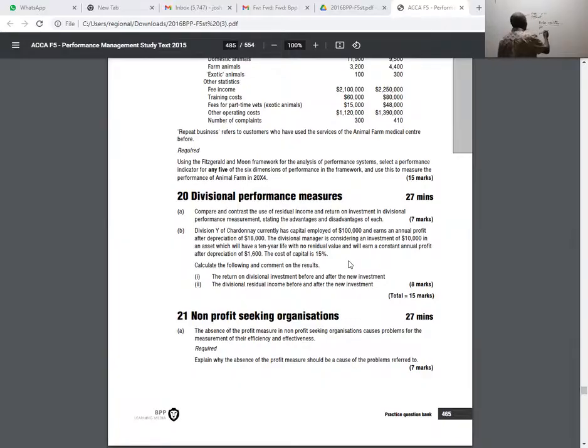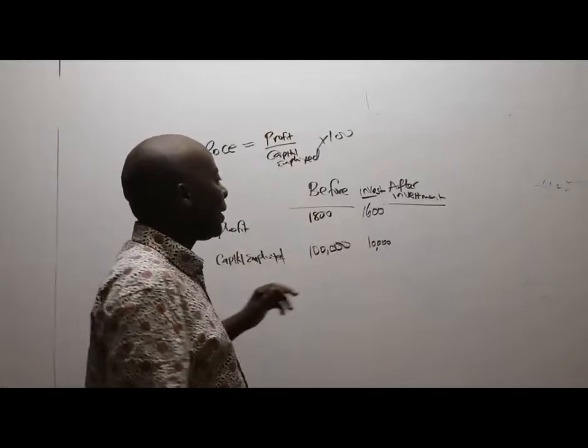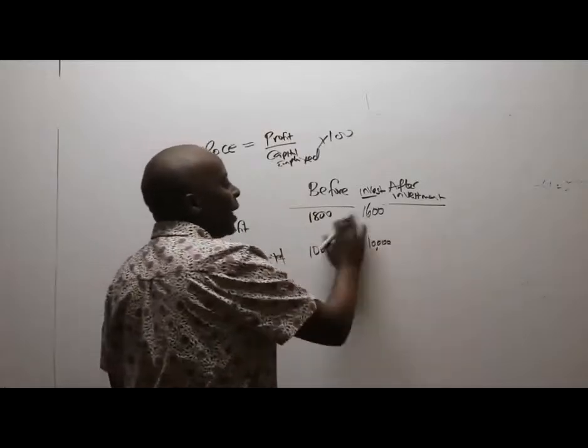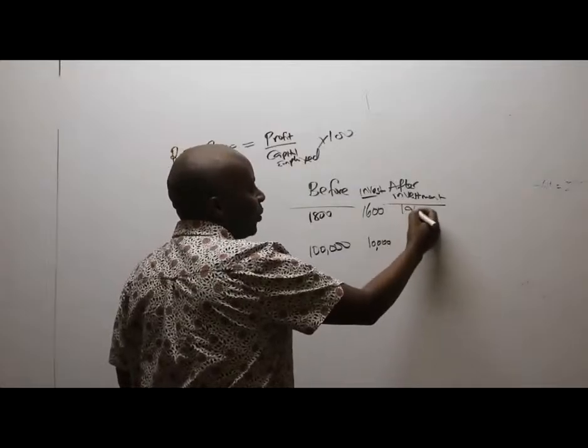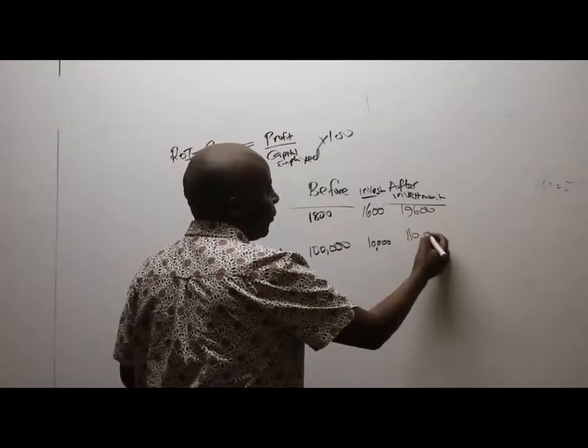So the profit here will be 1,600, and the capital to be employed is 10,000. Great. So the profit after investment, adding the two, will be 19,600, and the capital employed will be 110,000.